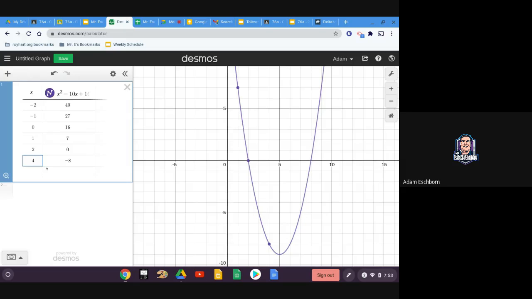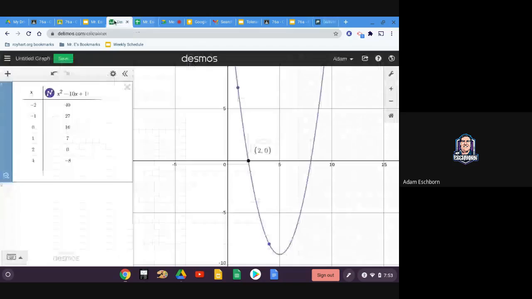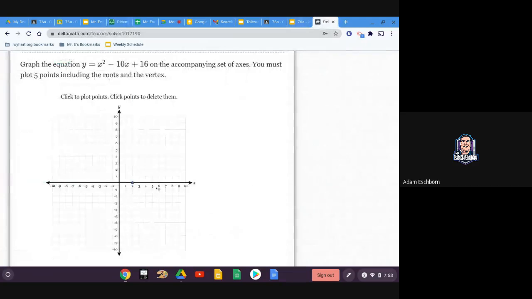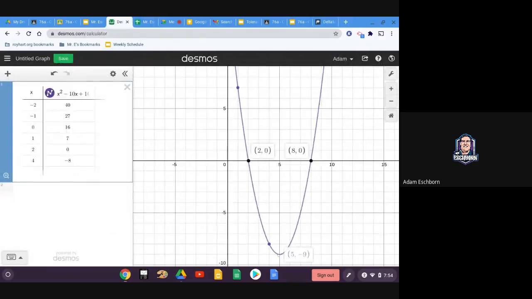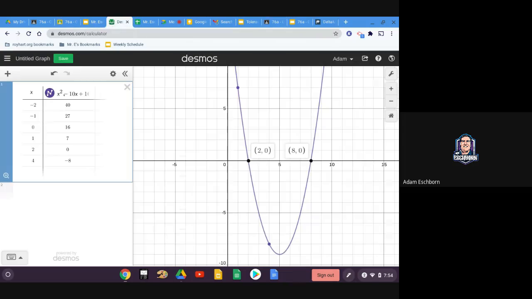We might need to add some more numbers like that. All right, so let's use 2, 0, which is right there. Let's use 8, 0, which is right there. The vertex we said was 5, negative 9. And then we need 2 more. 4, negative 8 looks good to me.